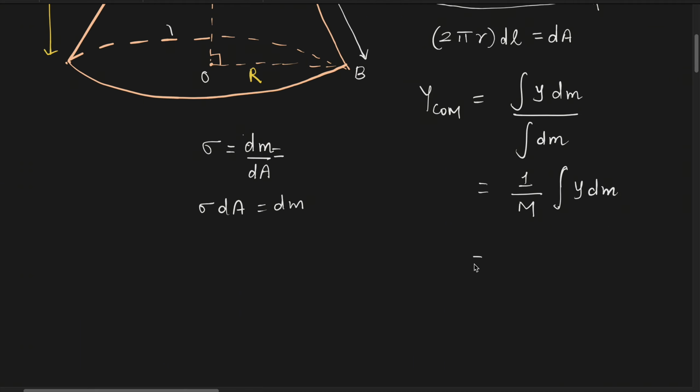So I can write this as 1 upon M times the integral of y times sigma dA. Instead of dm I am writing sigma dA, but sigma is a constant, so I can take it out, and we will have the integral of y dA.